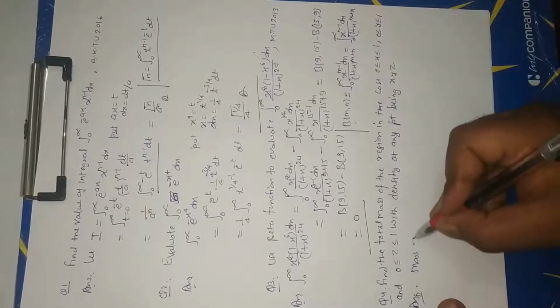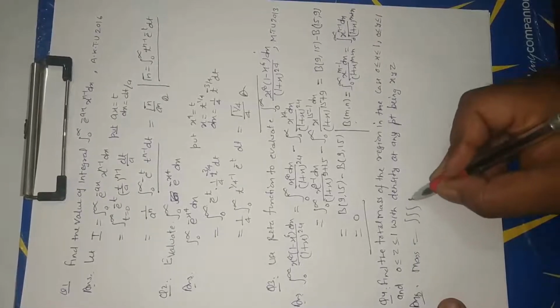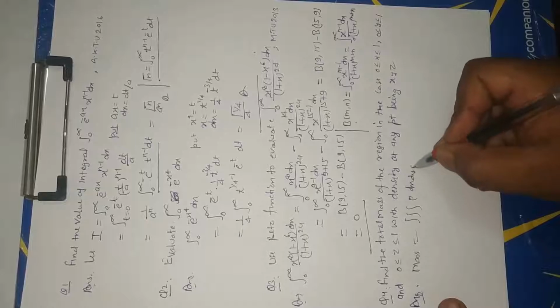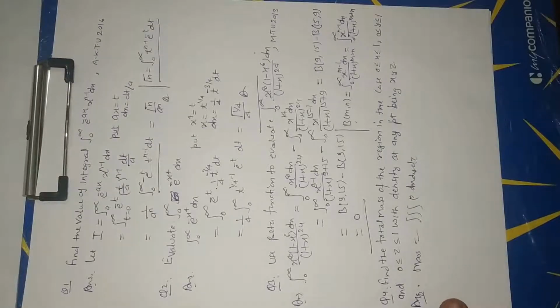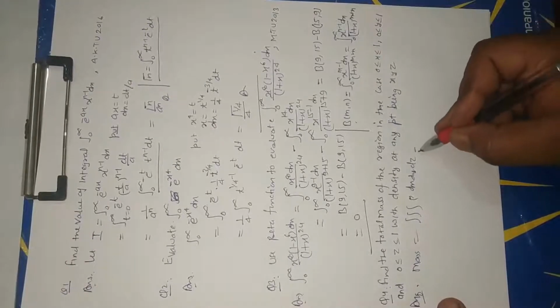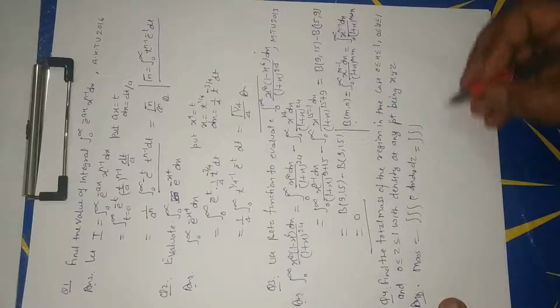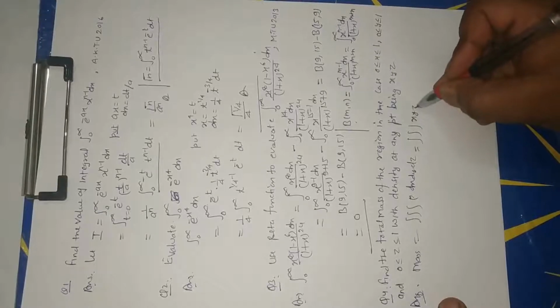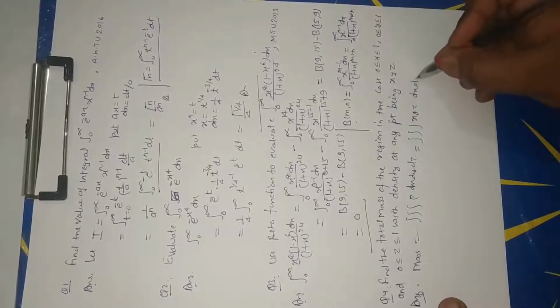Mass is equal to the triple integration of rho dx dy dz. We know that mass is equal to volume into density. Now putting the value of rho, x y z, now dx dy dz.